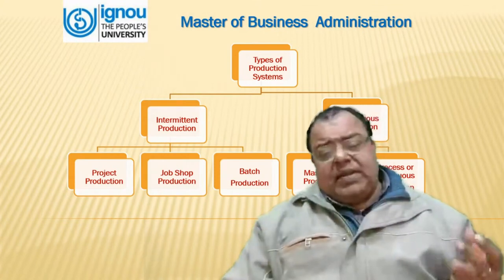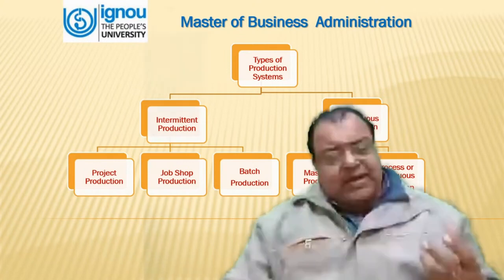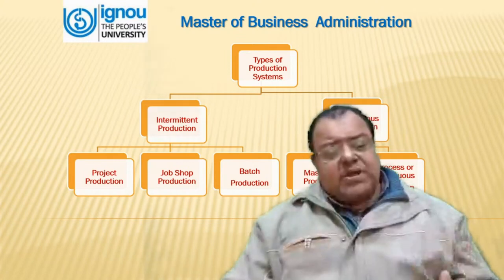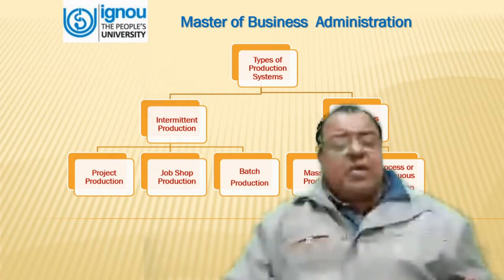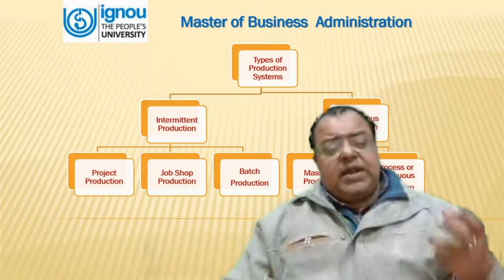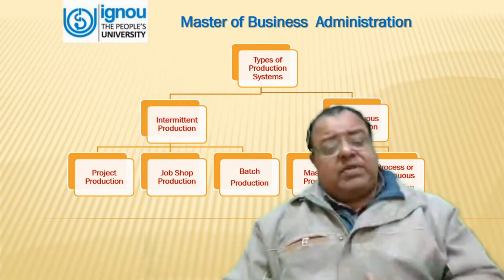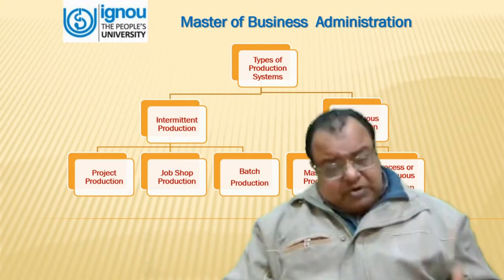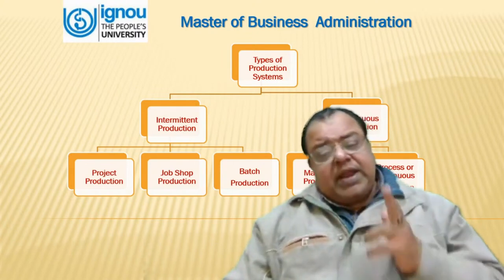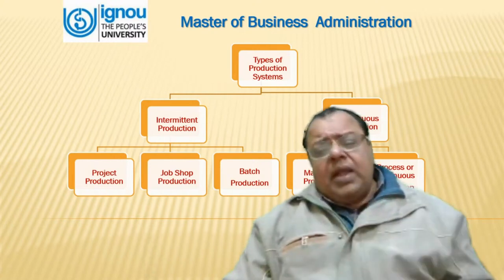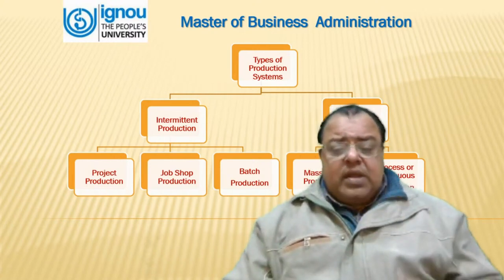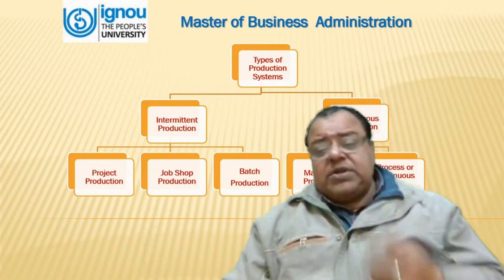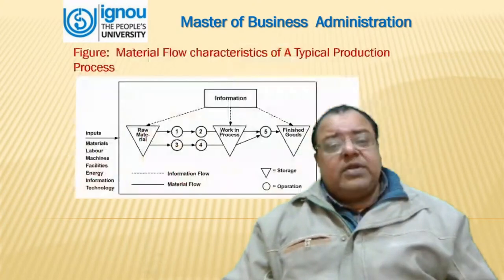They are basically of two types, that is intermittent production and continuous production. If we talk about intermittent production, it has three subdivisions, that is project production, job shop production, batch production. And continuous production has mass flow production and process or continuous production.